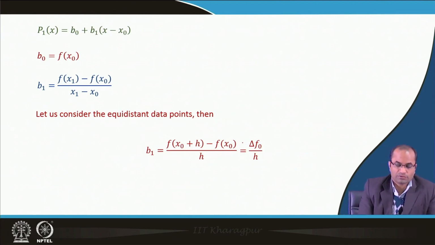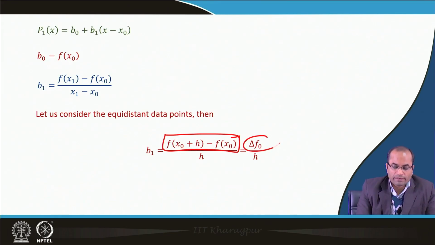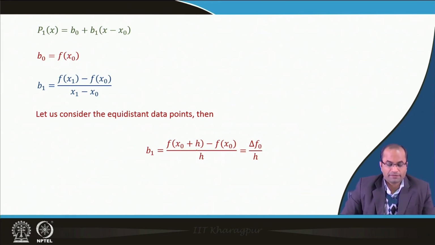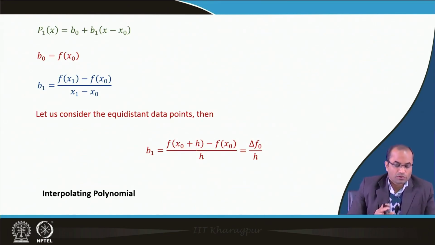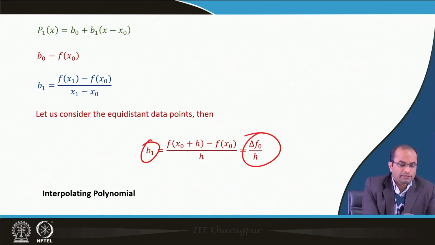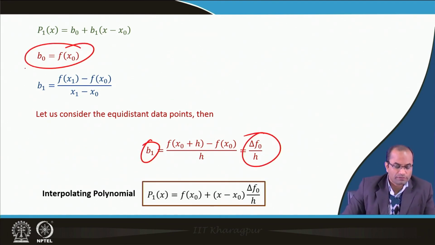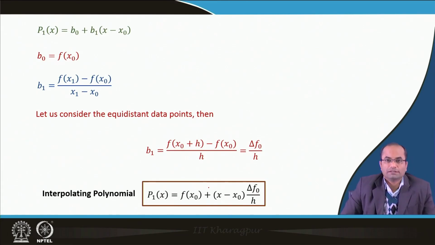For f x naught plus h minus f x naught we are replacing by this delta f naught. So, having this now for b 1, and b naught was just f x naught, our interpolating polynomial of degree 1 can be read as f x naught and then x minus x naught times delta f naught divided by h. So, this is the forward difference which we will get from the table easily.